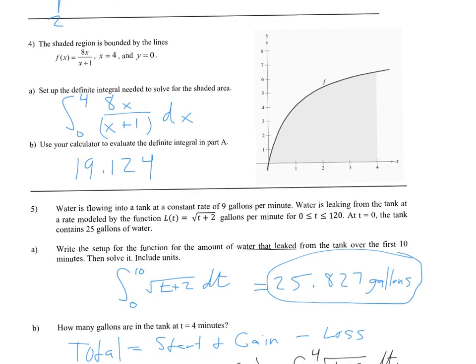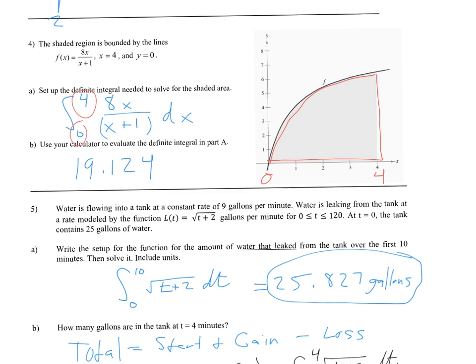Number 4 was really just testing if you could type a fraction into your Math 9 correctly. It's a pretty easy thing. I gave you the integral, I gave you the setup. It's pretty obvious we're going from 0 to 4. So most of you got the limits right.